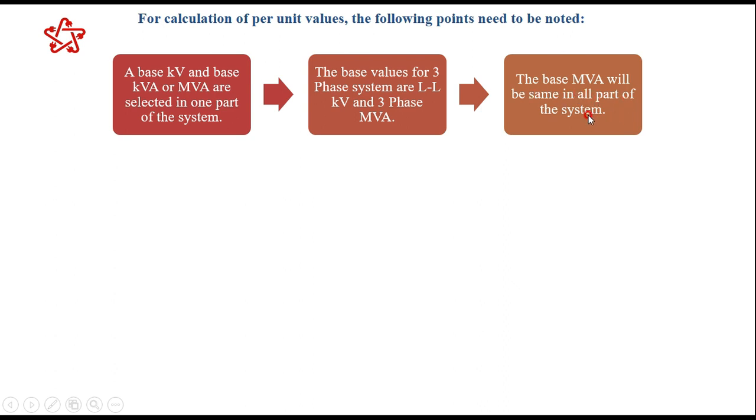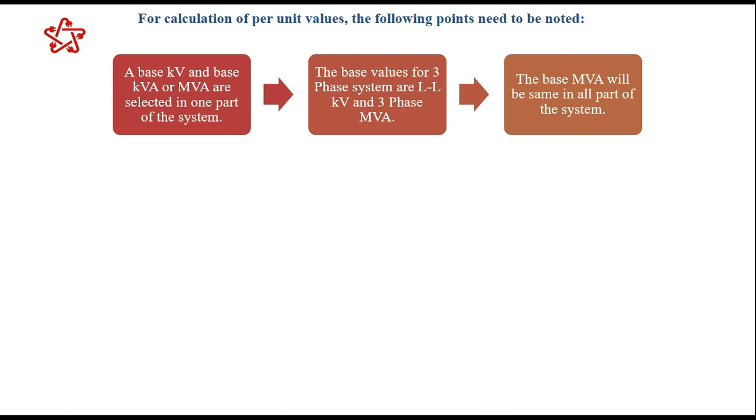Another important statement in per unit calculation is that the product of the voltage and the current in all parts of the power system remains the same irrespective of the number of transformers. Even though there is a transformer in between, if it is reducing the voltage, correspondingly there is an increase in the current.